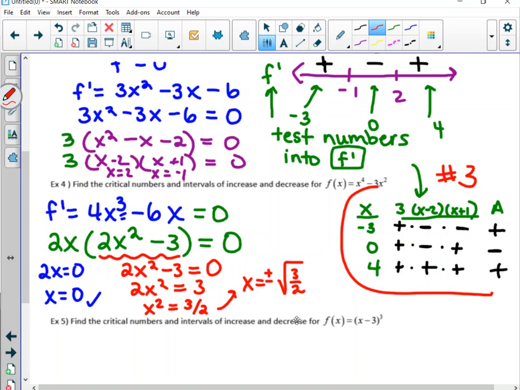You might be thinking, well, what the heck? I don't know what that is. So how am I supposed to put that on a number line? Well, we can estimate it. 3/2 is bigger than 1. The square root of 1 is 1. So the square root of something bigger than 1 should be bigger than 1.